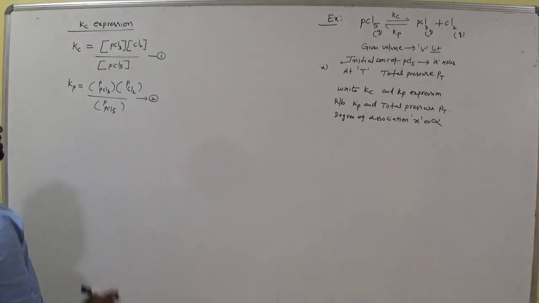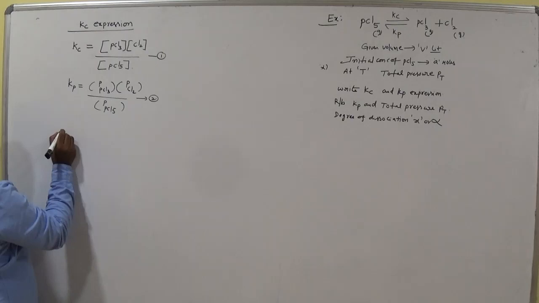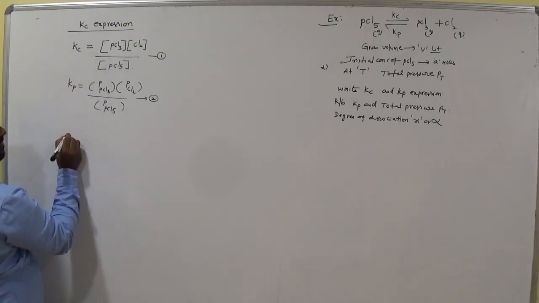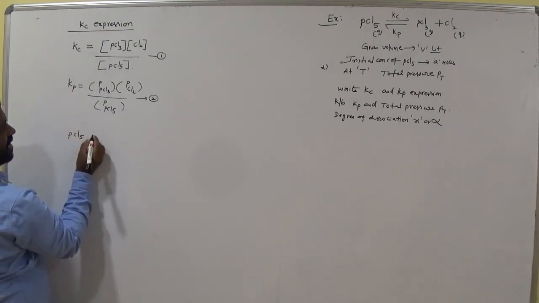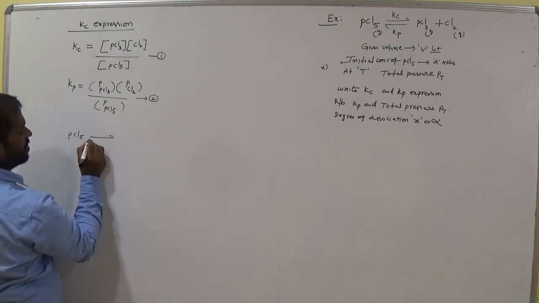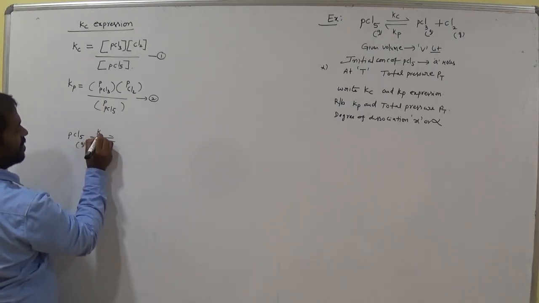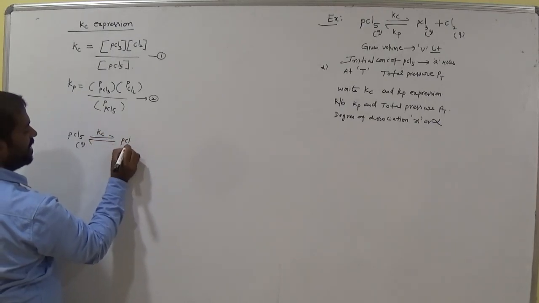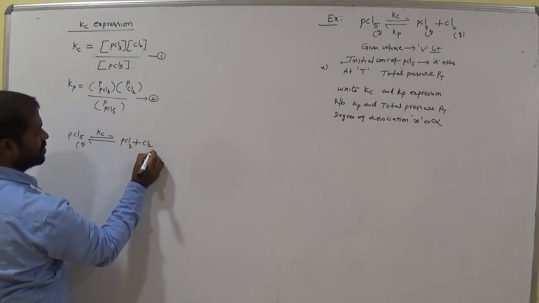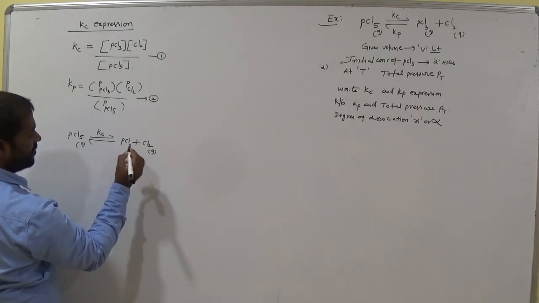Okay. So let's take the example for the Kc expression, that is PCl5 reversible PCl3 plus Cl2. Is it clear, all of you?